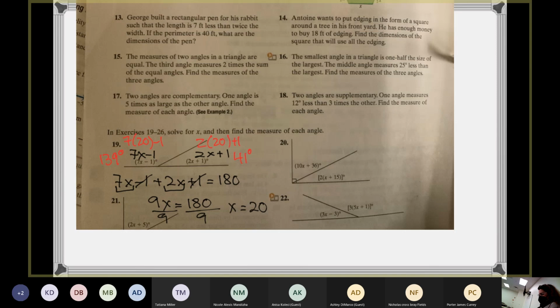Number 18 says two angles are supplementary. We have to come up with an equation. Two angles are supplementary, what does that mean? Two angles are equal to what? 180. We already have kind of a setup: one angle measures 12 less than 3 times the other.